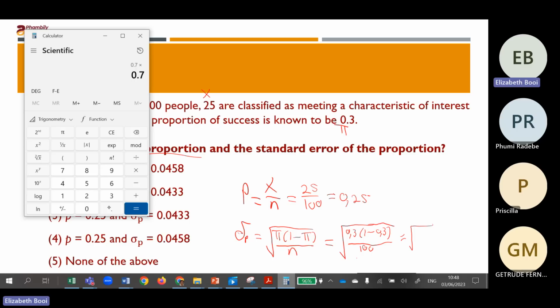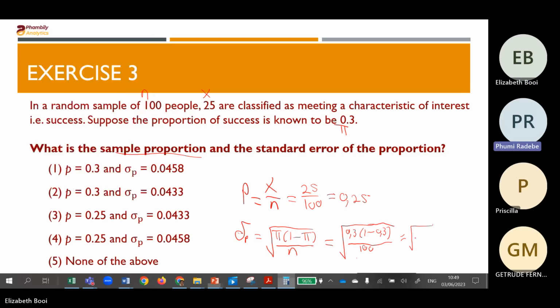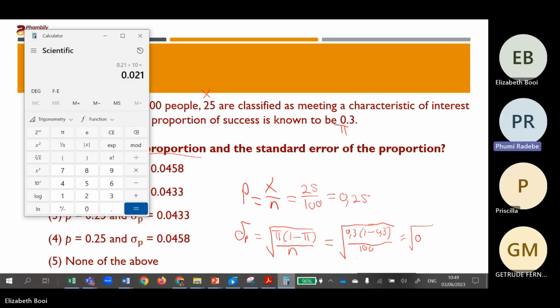Multiply that with 0.3, which is 0.21, and divide the answer by 100 equals 0.02. Did I divide by 10?